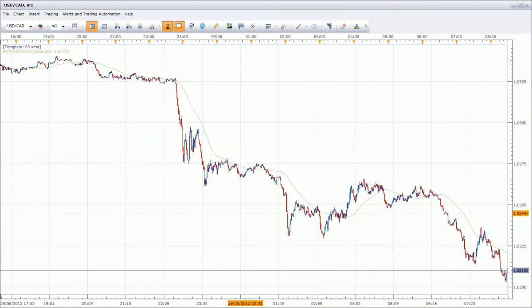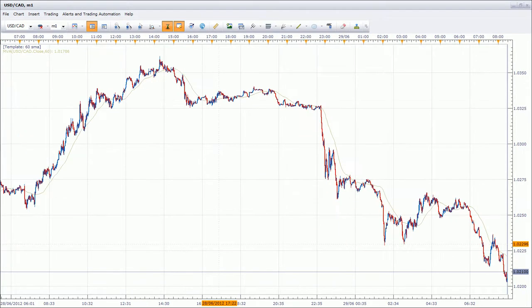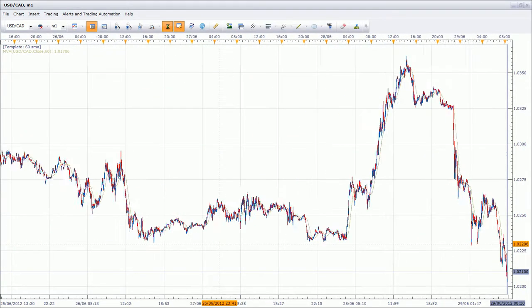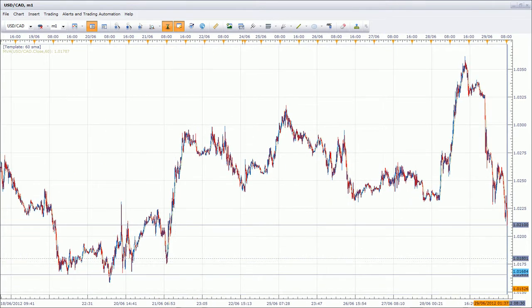And there aren't any support levels, at least right now, till we go way back out here, which is the 21st of June. We had some support levels in the areas which we wanted to trade out of.